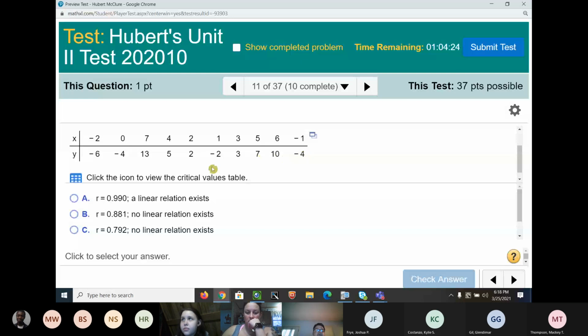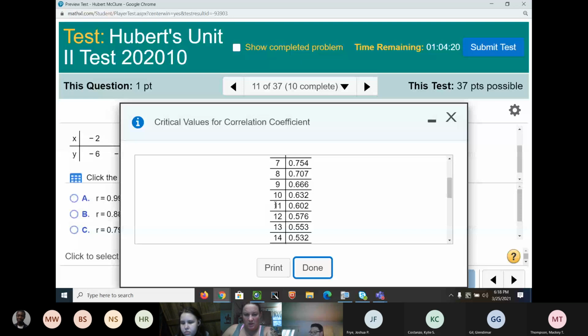So let's go ahead and find the critical value. 10 is what? 0.632. So go ahead and write that down, everybody. n is equal to 10, so that means the critical value is equal to 0.632. You're going to compare that to R when you get through.